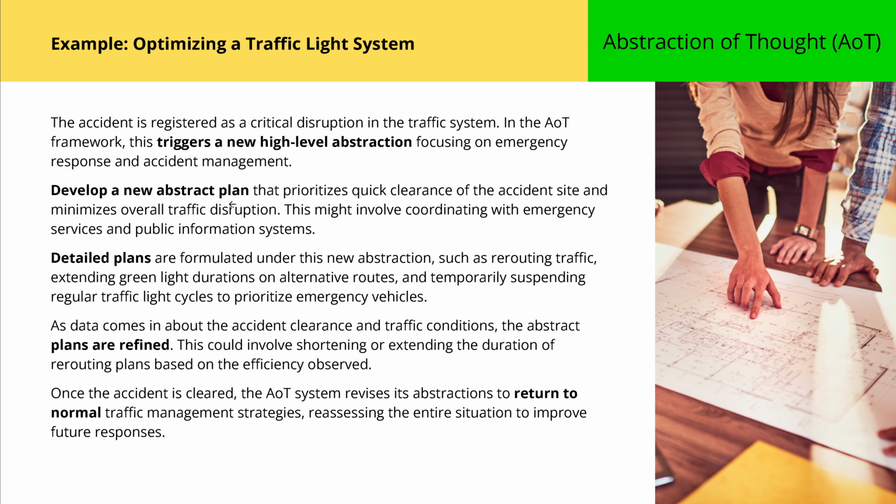So this means the LLM has now to know exactly what is the situation in this part of the city, what are here the conditions that I have here in the 2 blocks surrounding here the accidents. How could I theoretically have a quick clearance of the accident site? Which resources do I have to activate? How can I minimize here the overall traffic disruption? Coordination here with emergency services, public information systems.